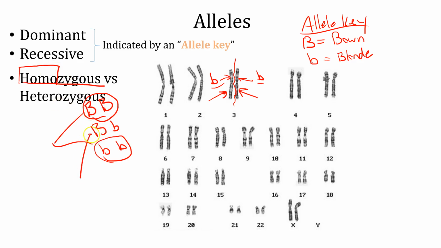Heterozygous is this one right here, where they have one copy of the dominant and one copy of the recessive. If it was homozygous and the two alleles were dominant, we would say that's homozygous dominant. If it was homozygous and the two copies were recessive, we would say it's homozygous recessive. And then if one has just a dominant and recessive allele in their genome, we would say it's heterozygous. And that's how it works.